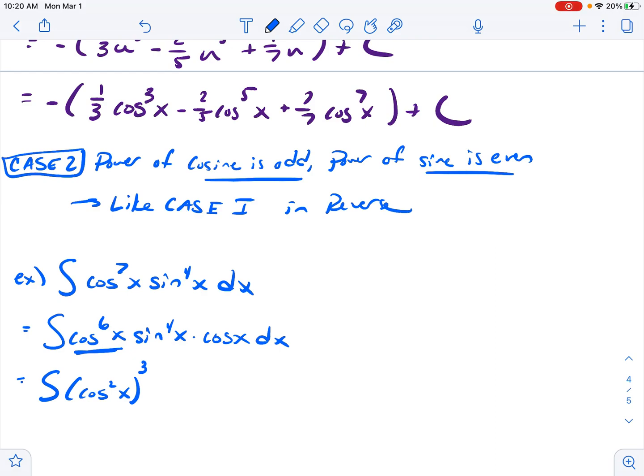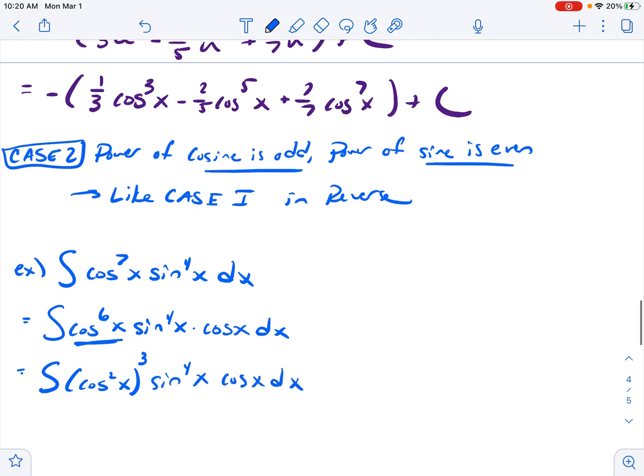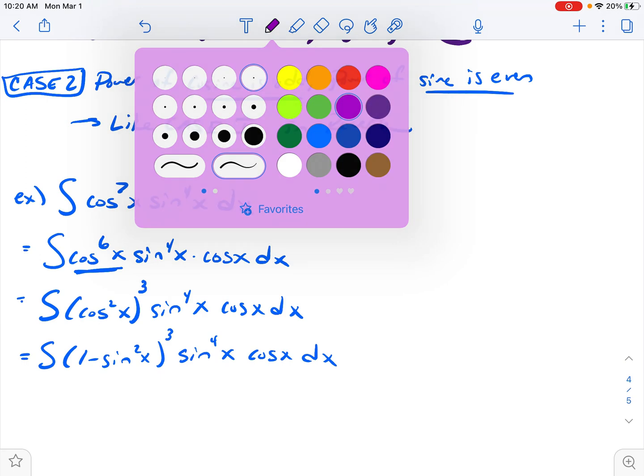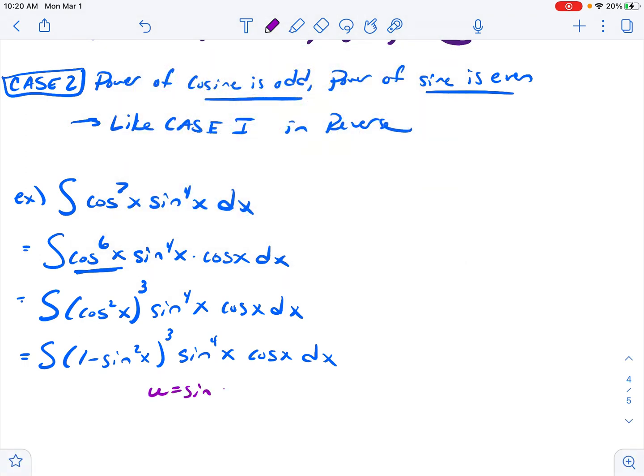And then for this, I'm going to make that cosine squared to an appropriate power. In this case, it would be cubed. Power to a power we multiply. 2 times 3 is 6. Now I'm going to take the cosine squared, rewrite it using its Pythagorean identity in terms of sine. And now I can do u substitution, letting u be the sine function. Du is positive cos x dx, so we're good there.